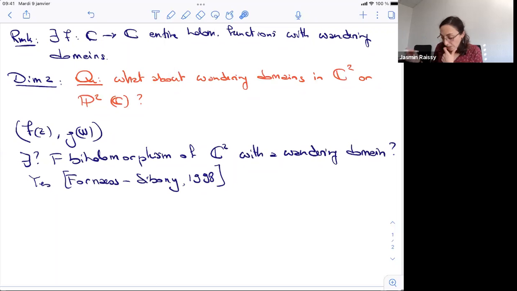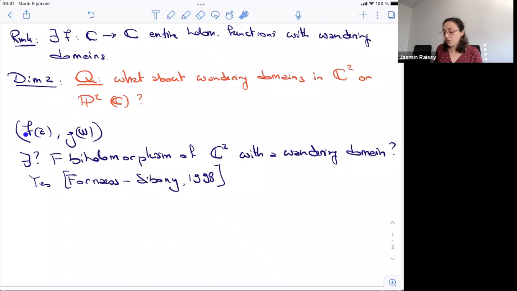So what I was saying is, if I take 2 polynomials with separate variables, I will not be able to get where I want to get, meaning to see a wandering domain if there is any.